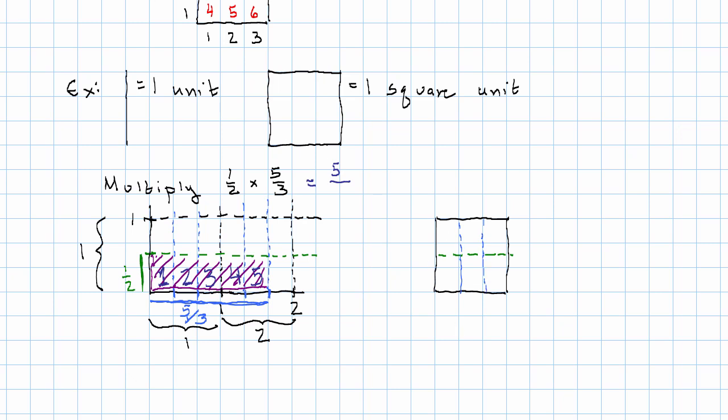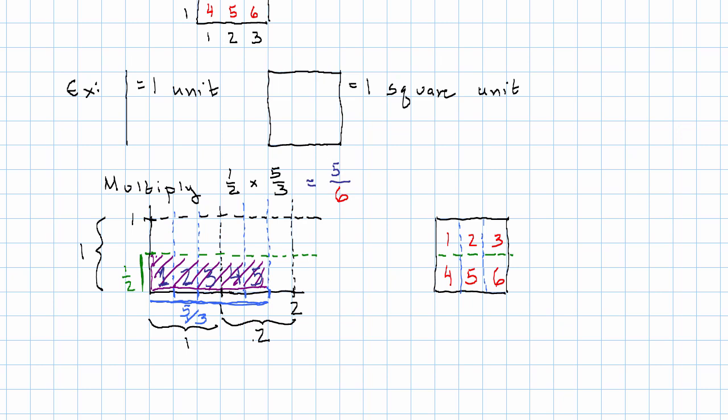So altogether it's cut into 1, 2, 3, 4, 5, 6 pieces. My unit square is cut into 6 equal parts. I've taken 5 such parts. 1/2 times 5/3 gives me 5/6.